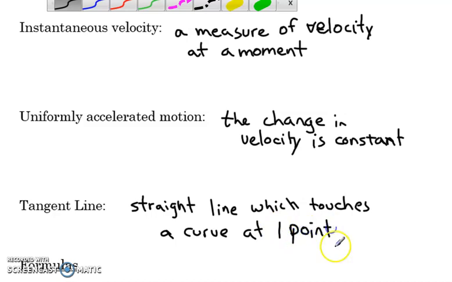So let's say I've got a graph moving like that, this would be my tangent line, and it's touching at one point.